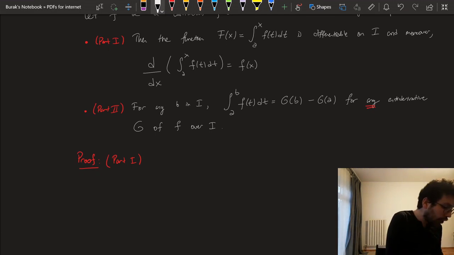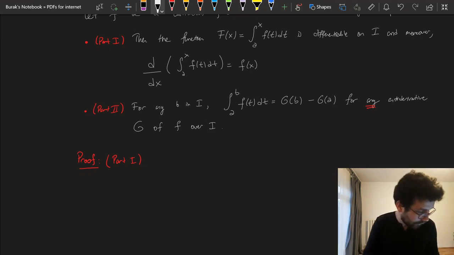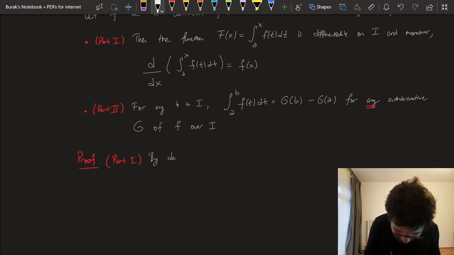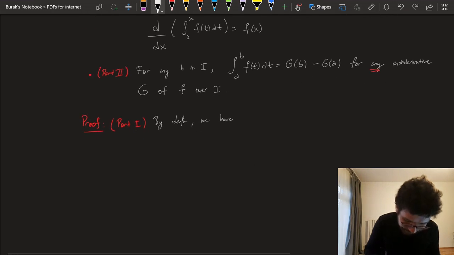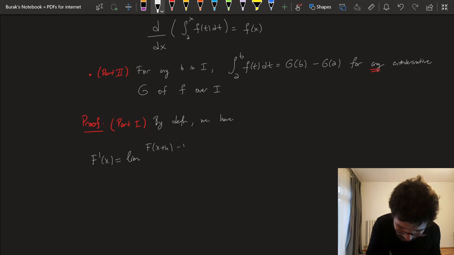So how do you show that a derivative of something is something else? Let me just write down the definition of derivative, okay? By definition, we have that the derivative of this function is the limit as h goes to 0 of F of x plus h minus F of x, divided by h.